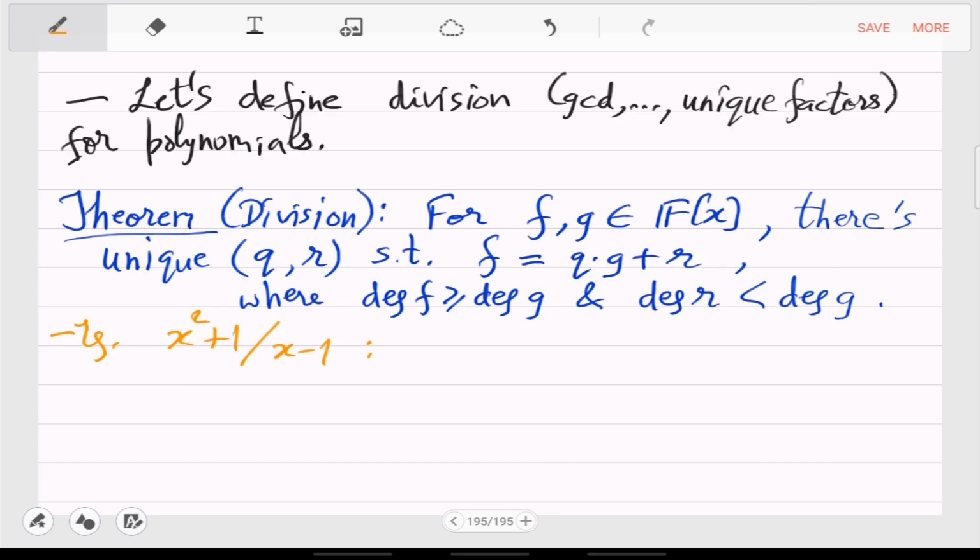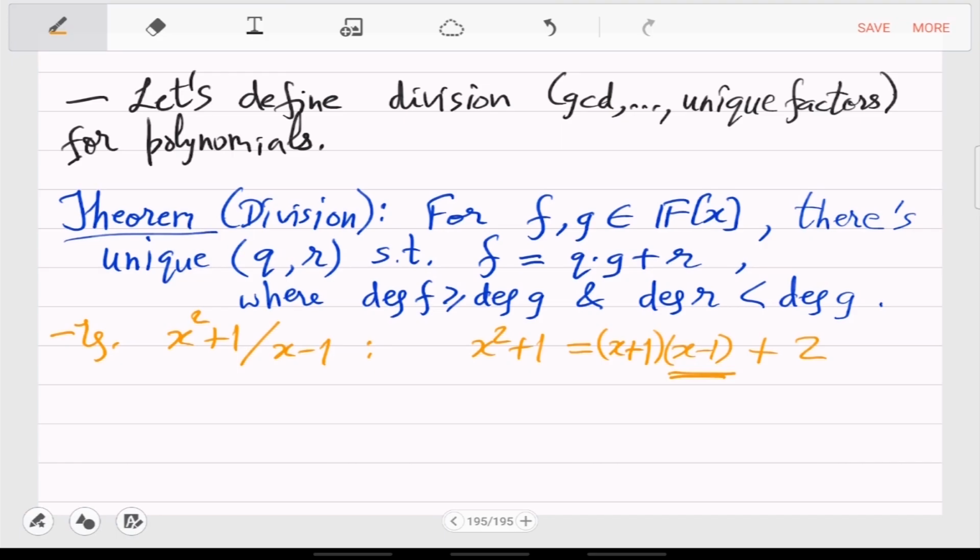So what that process gives you is it will write x square plus 1 as x minus 1 times what? And what will be the remainder? So remainder is 2, and you get here x plus 1. Right, and that's the quotient. So this is again the long division process that you have learnt in school. So using that you can get quotient and remainder.